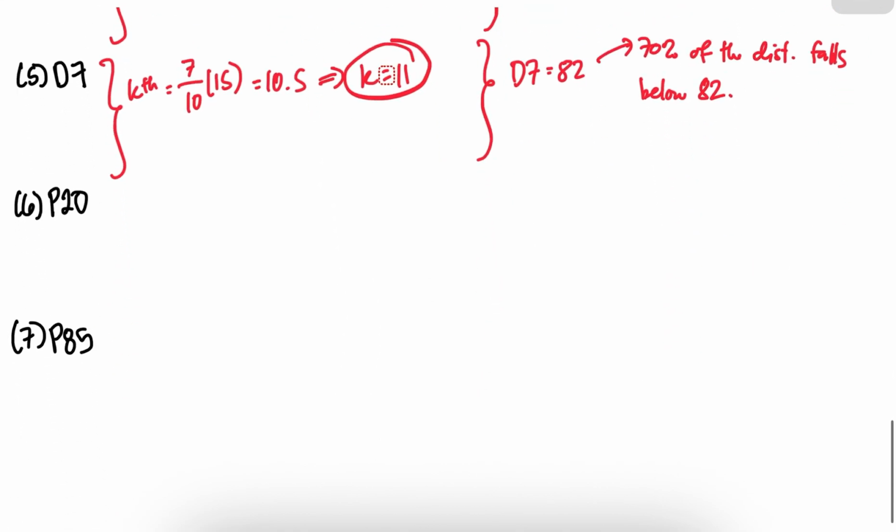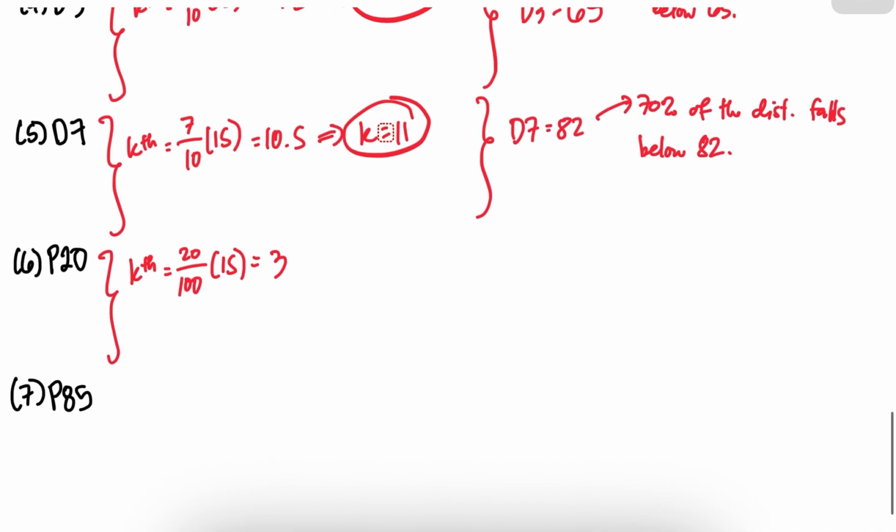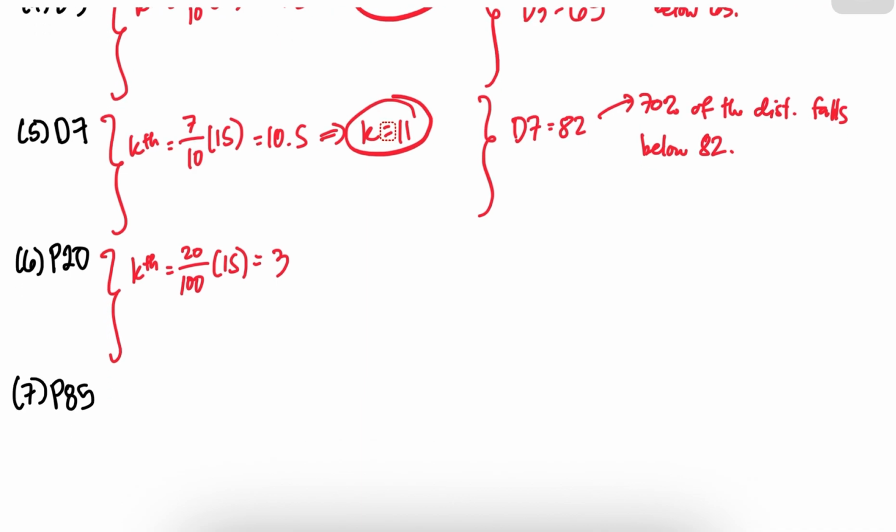Last two numbers, P20. So we're going to have the kth value first. Numerator is 20 because we're looking for the P20. Since it's percentile, it's going to be divided by 100. Multiply that by 15. That's 20 divided by 100 multiplied by 15, and that's going to give us 3. Okay, so notice that this is the first time we are seeing a whole number.